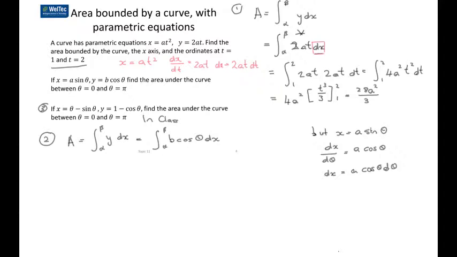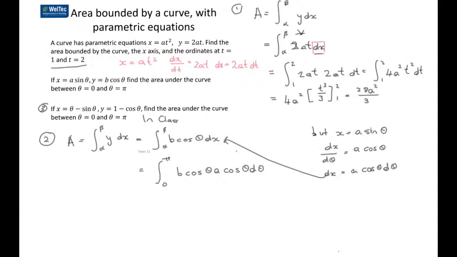Now we can put that instead of dx. So now we've got b cos theta times a cos theta d theta, and everything now is in terms of theta, so we're fine to put the parameters in which are in terms of theta.